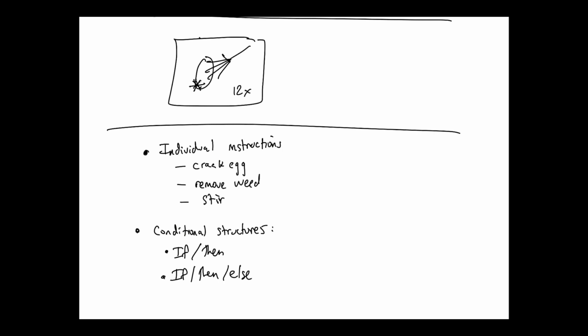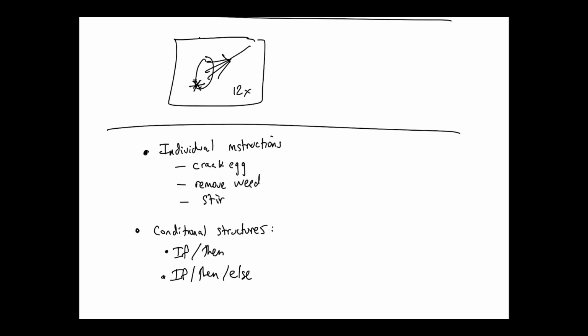Which can come in kind of two flavors. The if then. A lot of times in English, we don't actually say the word then, but it's sort of implied. So if you say something like, if you like pepper, add pepper, well, the word then was tacitly there. If you like pepper, then add pepper.